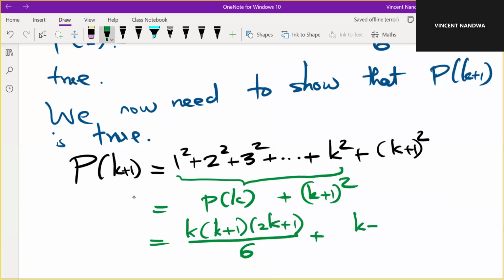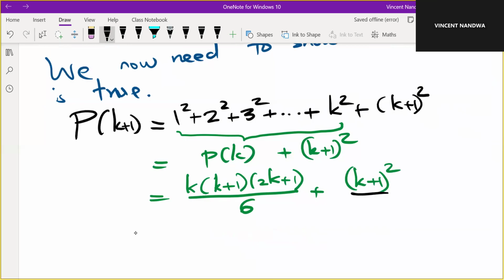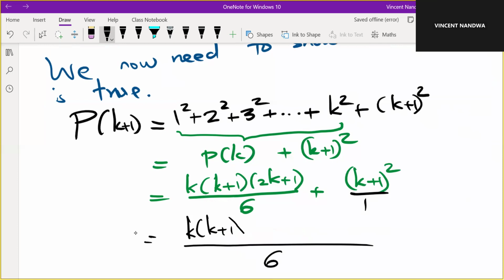Then this plus k plus 1 squared. So here, what do we do? LCM. We can put this over 1, right? So the LCM is 6. So this will just be k into k plus 1 into 2k plus 1, plus 6 into k plus 1 squared.